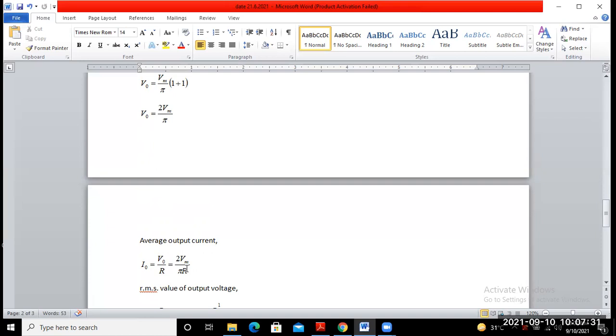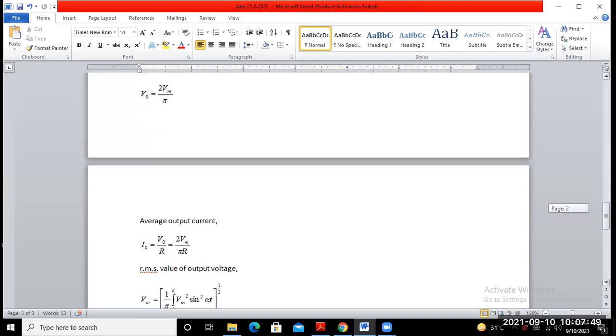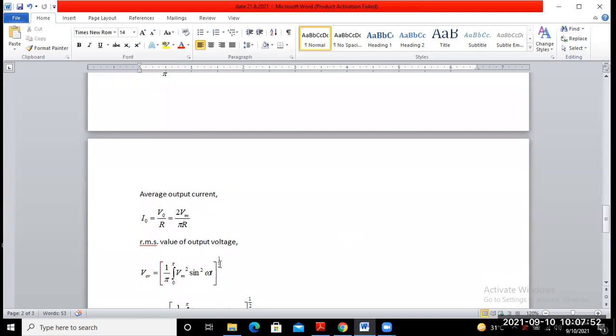Putting it in the standard formula, we get 1 by time period, integral from 0 to time period of Vm square sine square omega t d omega t, whole to the power 1 by 2. Now it becomes 1 by pi, integral from 0 to pi of Vm square sine square omega t, whole to the power 1 by 2.